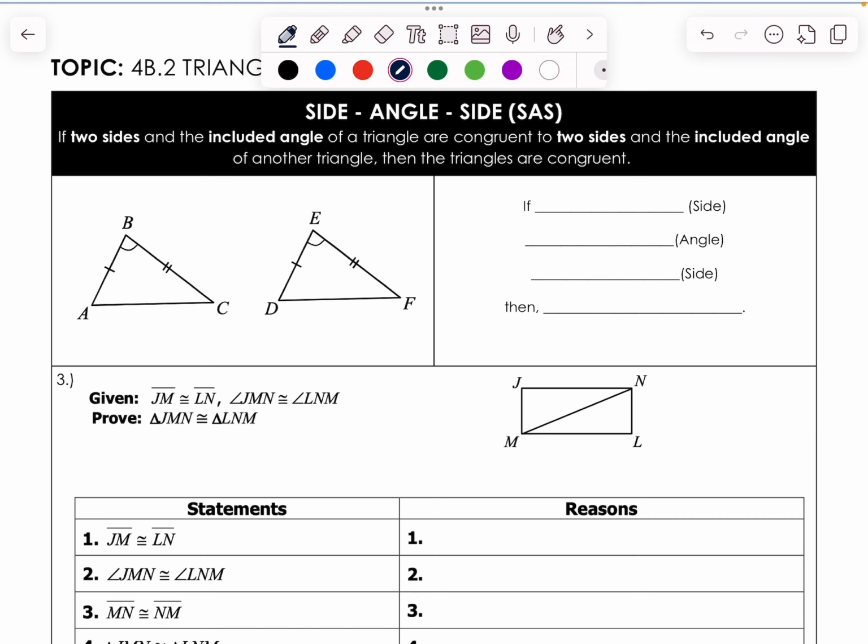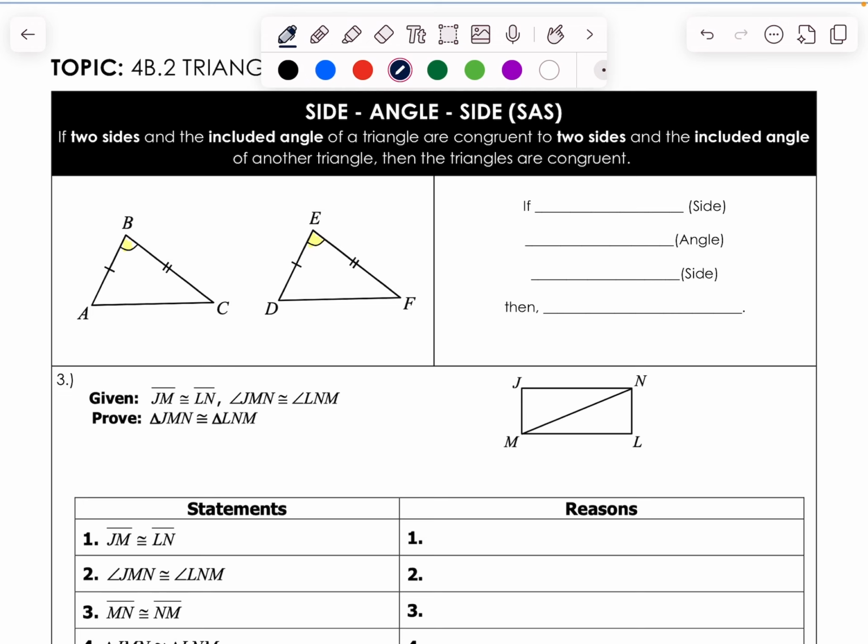The next one that we're going to try is side, angle, side. So you're proving 2 sides congruent, and then the included angle, which is pretty much the most important part, is that the angle is in between those 2 sides.